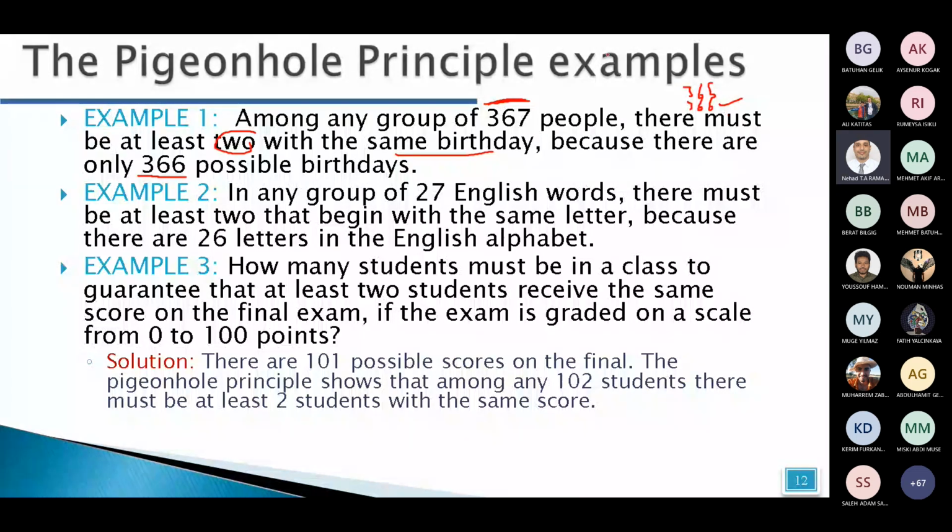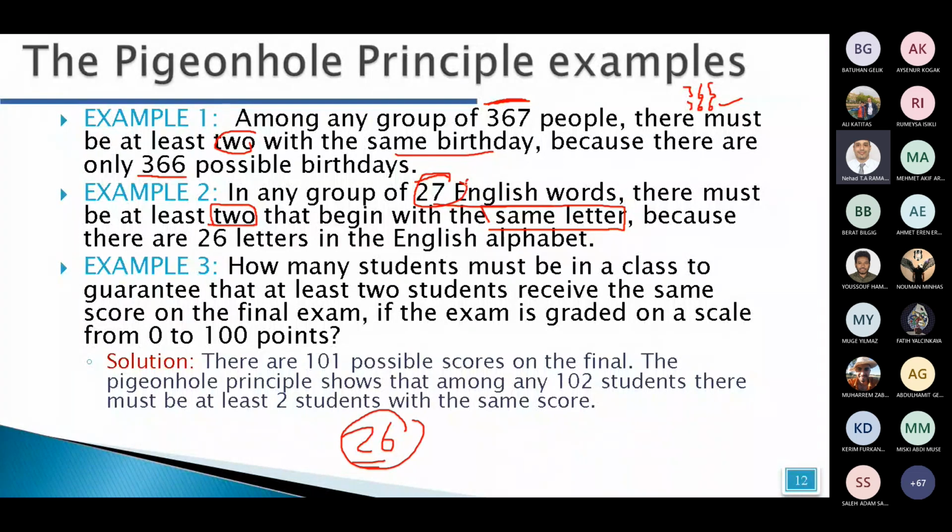Another example: in any group of 27 English words, there must be at least two words that begin with the same letter. Why? Because we have 26 letters. We want to use the words, so we have more words than letters. These are the pigeonholes, the number of letters.